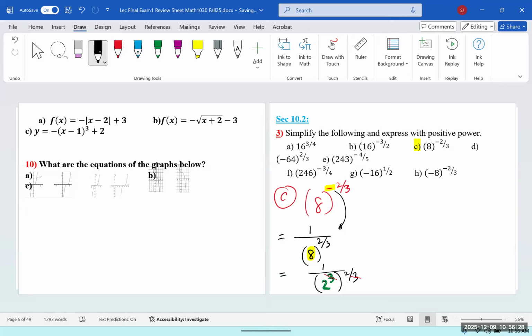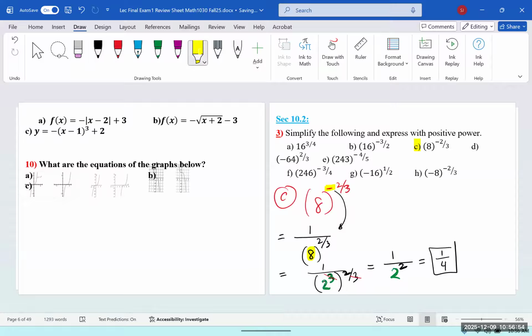So when you cancel out the denominator, we get 1 and then 2 inside, and we have this power 2 outside. So we get 1 over 2 squared, which is 1/4. And that's how we solve this problem.